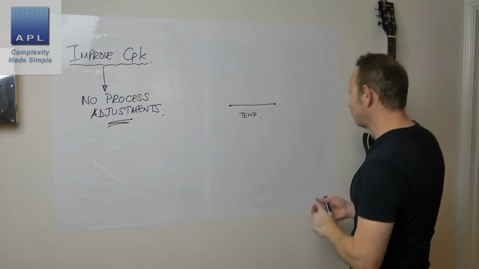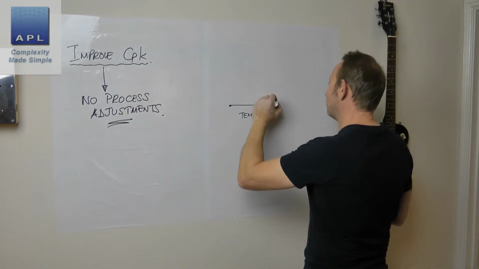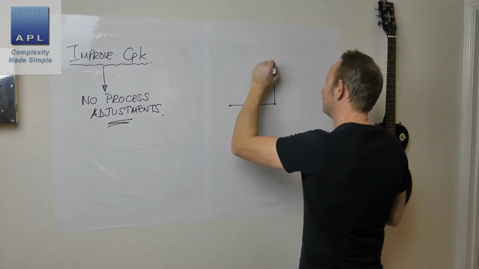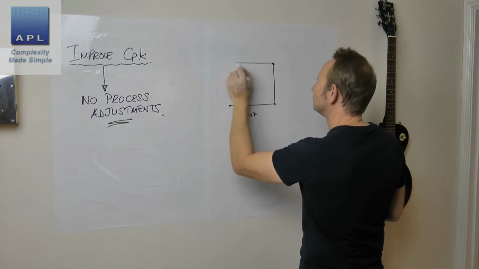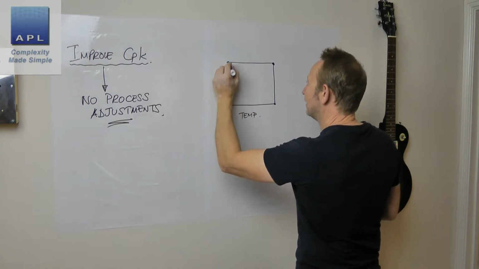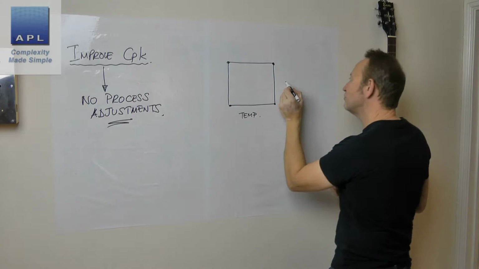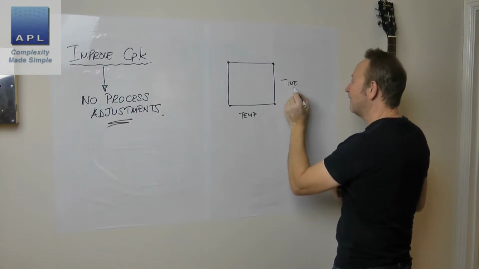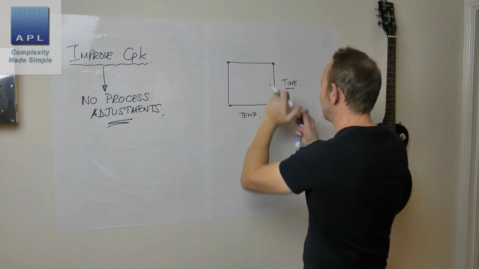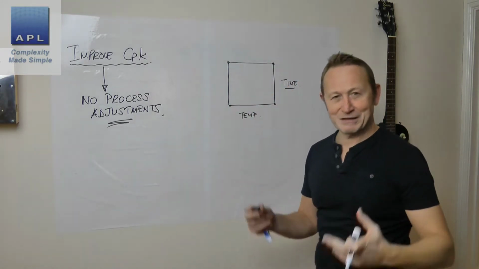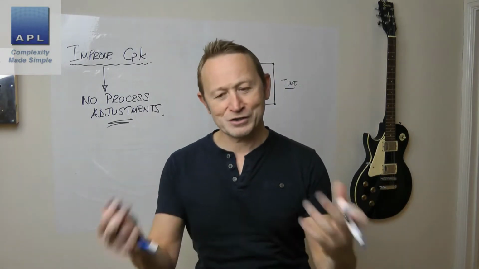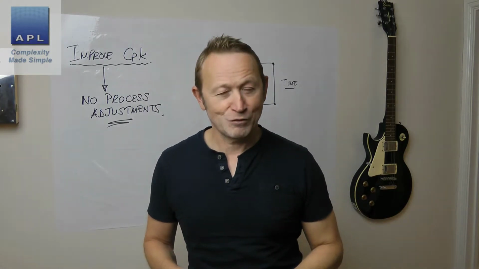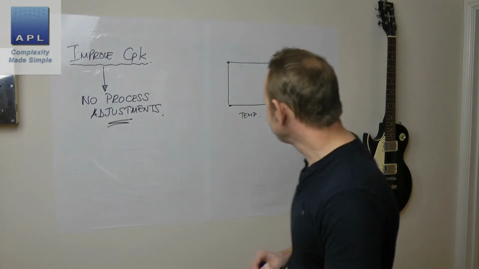They're going to adjust other variables as well. Let's put a second variable in here. Let's say that they're going to adjust time, and that's going to go up and down. Obviously within a window, there's going to be an allowable window for them to adjust.